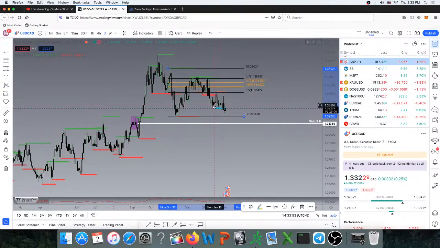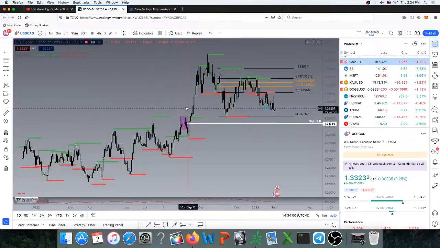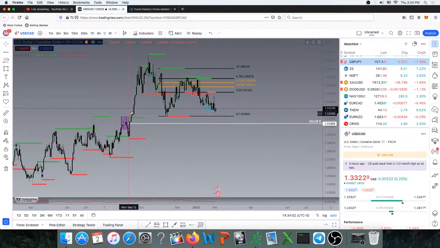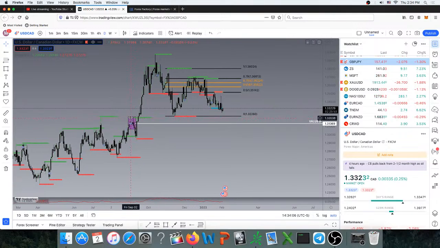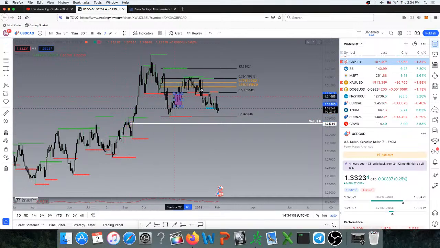We also have value here. So I'll move my value to the most recent. Sorry, trying to grab this box here. This mouse is crazy. Let's go here.